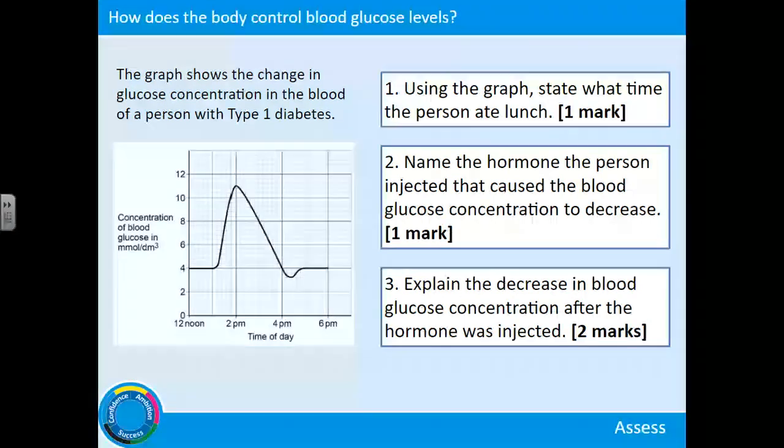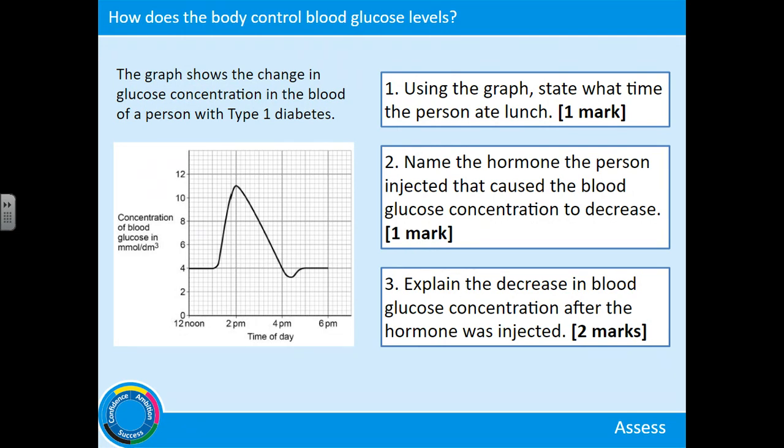So why did the glucose concentration go down after the hormone named in the previous question was injected? In total you'll get about 4 marks for this, so spend about 4 to 6 minutes. Pause the video, have a go, and come back.